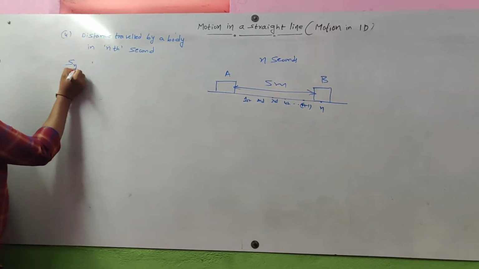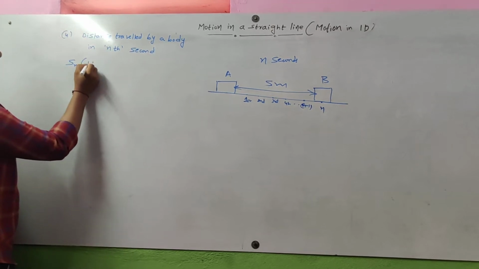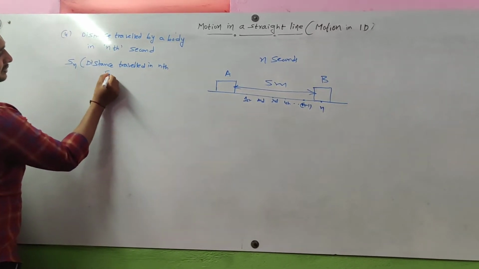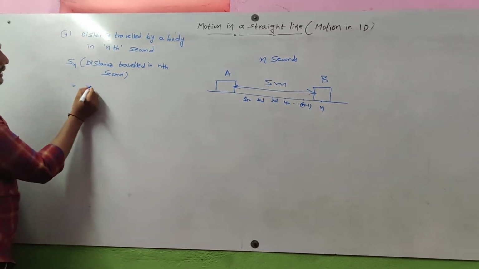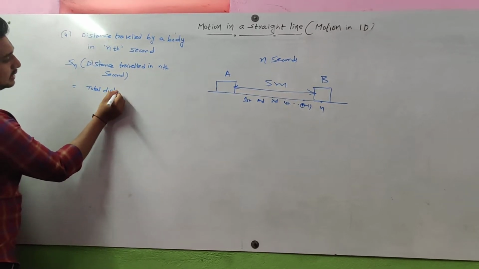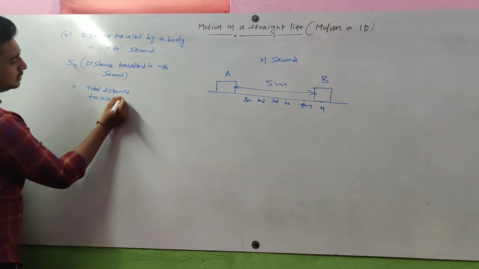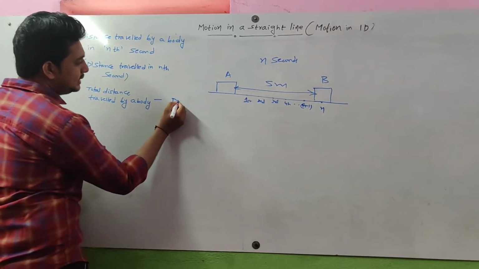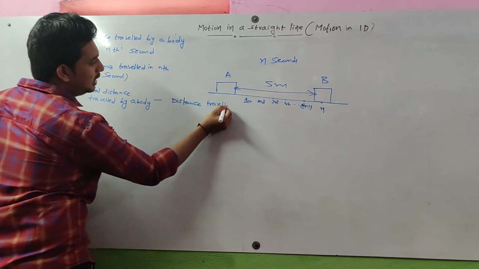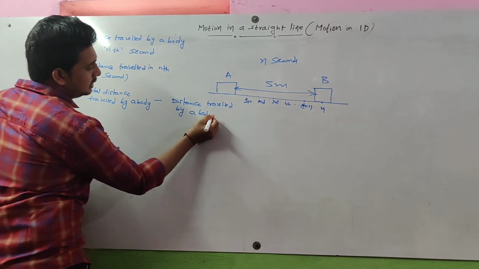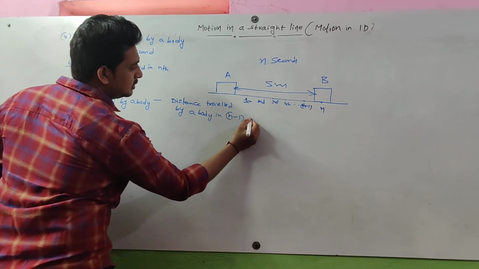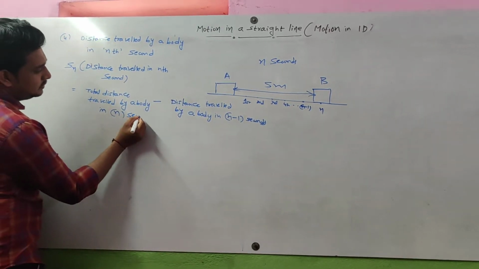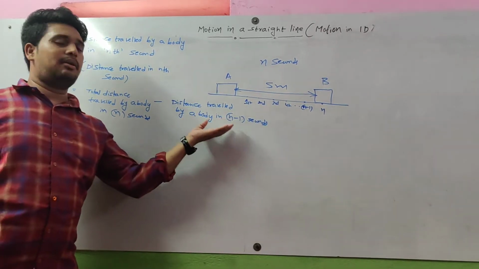Distance traveled in the nth second is equal to the total distance traveled by the body in n seconds minus the total distance traveled by the body in n minus 1 seconds.